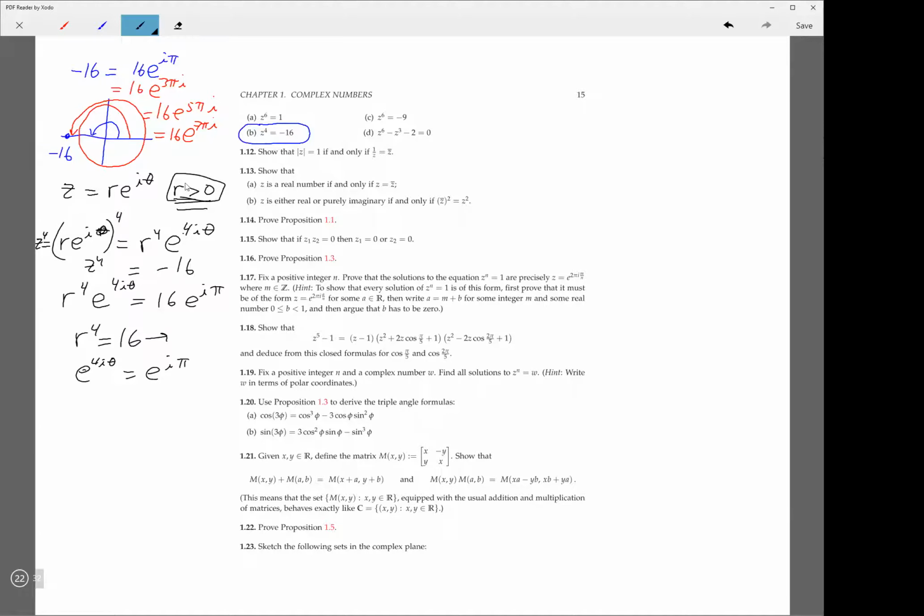Now, you have the restriction that r is greater than 0, that means that r has to be 2. Okay, so r is going to be 2 for all 4 of these cases. And then equating these top parts, you get 4 theta equals pi. So that means that theta has to be pi over 4 for that one.